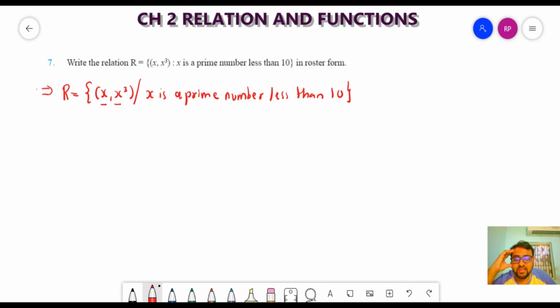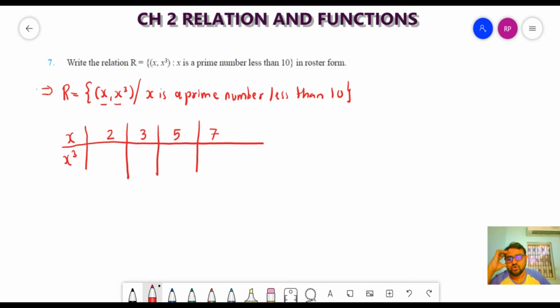I only have to take the primes which are less than 10, that is 2, 3, 5 and 7.